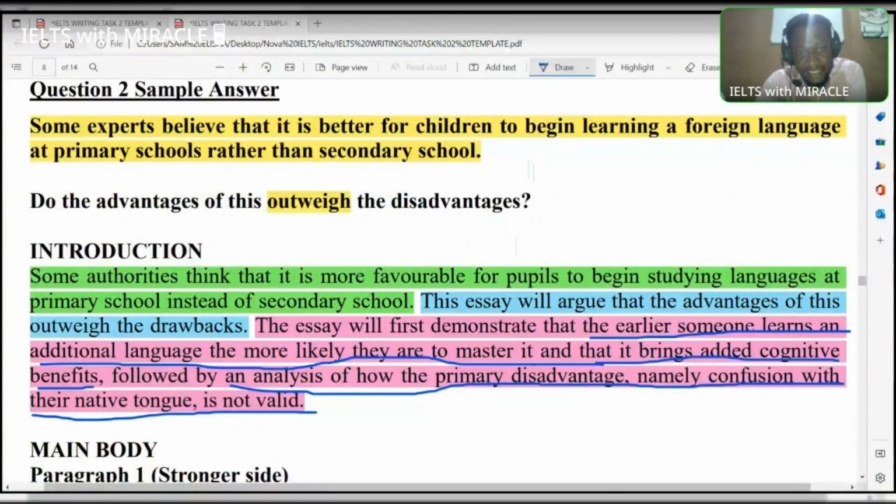Now you see how I have structured this introduction. For me to get this introduction, I need to paraphrase, I need to have my thesis statement, and then we would have our outline sentence.